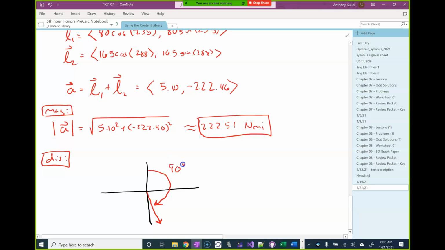So that bearing is going to be 90 plus whatever that angle is there, which I'm going to call phi, is the variable name I'm going to give it. To calculate that angle phi, take the inverse tangent of the y component from A over the x component from A, but I'm going to take the absolute value of those.